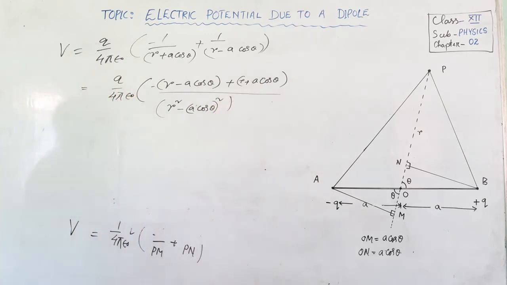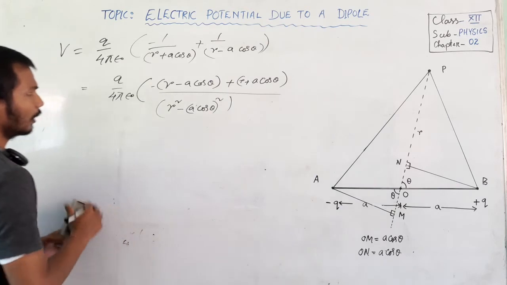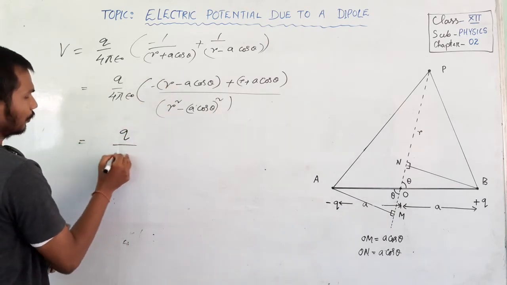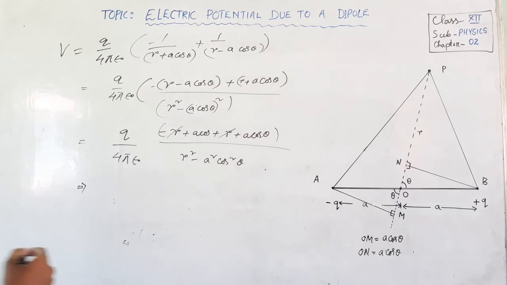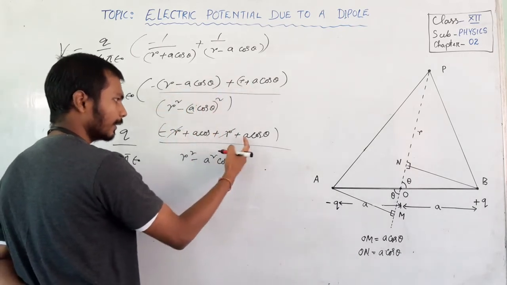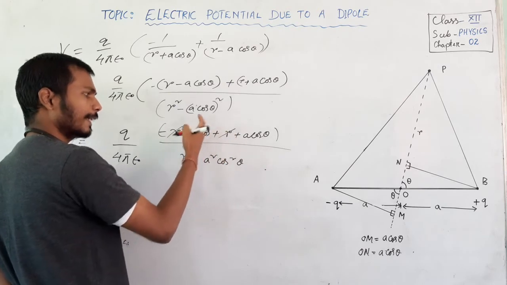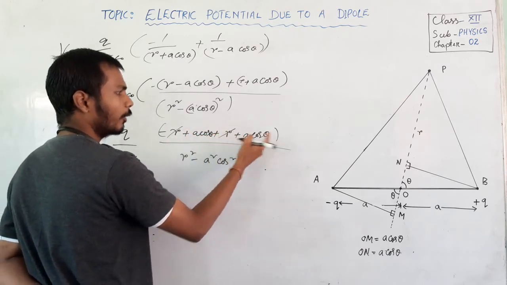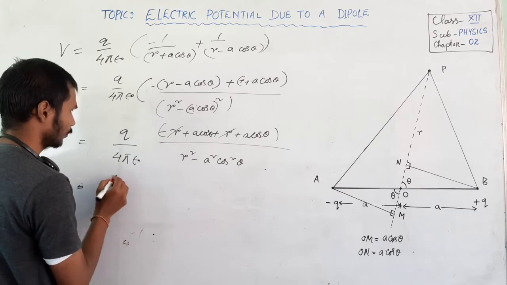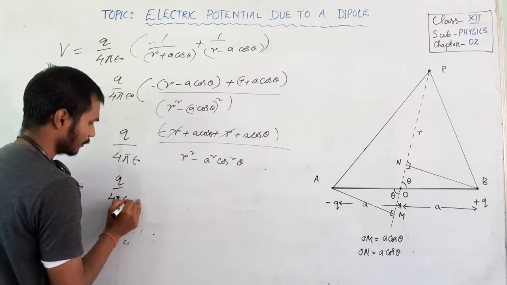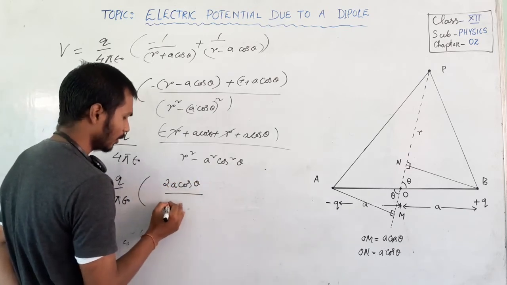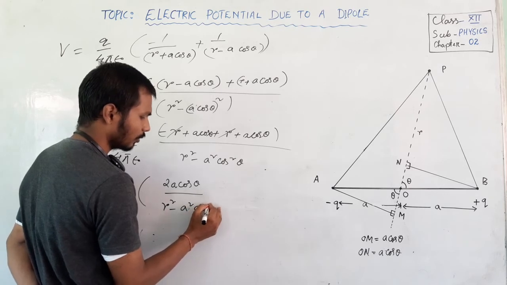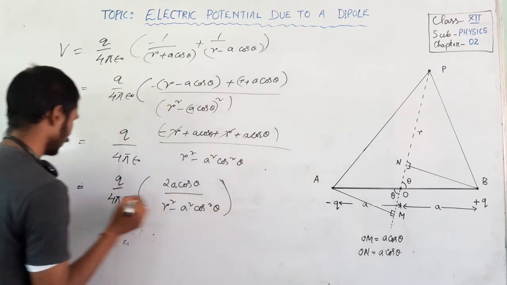This is the formula, the identity. Now solve the numerator. So after solving this, we will get this. Now minus R plus R, they will cancel out. So V will be equal to Q by 4 pi epsilon naught inside bracket Q A cos theta divided by R square minus A square cos square theta. Okay, this is V.